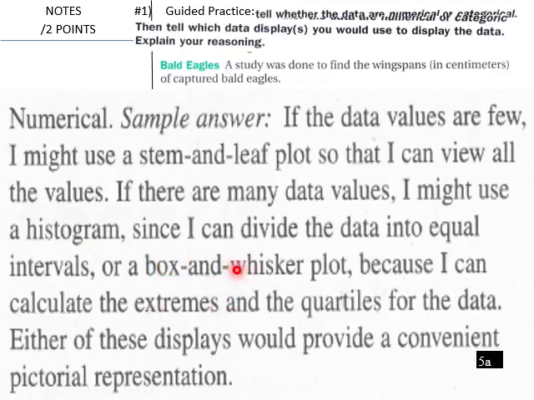Since you can divide data into equal intervals, box and whisker, extremes and quartiles. Either of these displays would provide a convenient pictorial representation. So it would be a more visualized representation of numerical values, depending upon your data set.